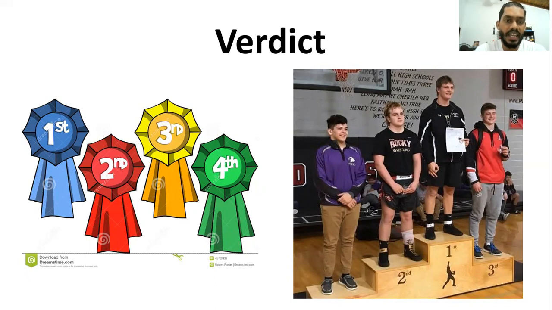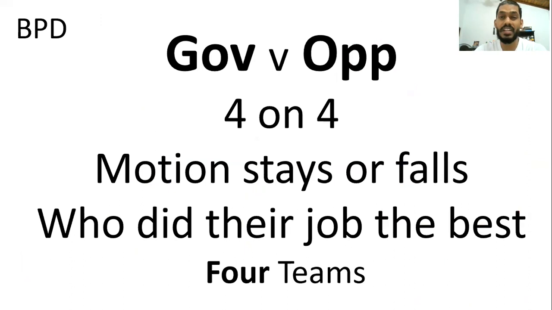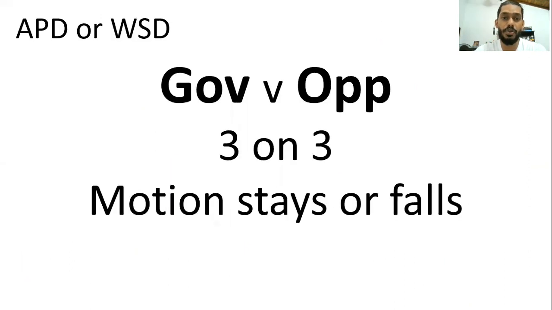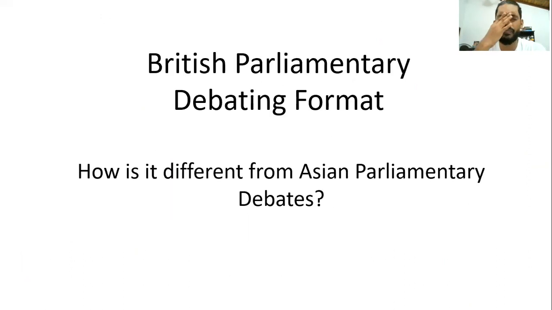So in this case, going closing government or closing opposition may sound a little difficult to you, because technically your teammates in the government, you don't know what they're prepping for when you're supposed to outshine them.